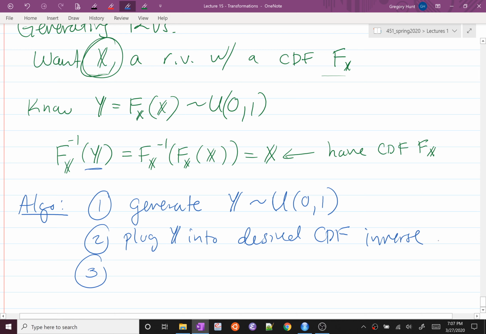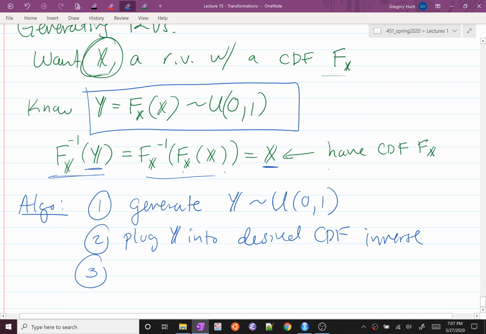If I want an exponential, I plug into the inverse of the exponential CDF. Normal, I plug in the inverse of the normal CDF. If I plug those uniforms into the inverse of the CDF I desire, according to my theorem, the probability integral transformation, I will get X equals F_X inverse of y, which will be distributed as I want.